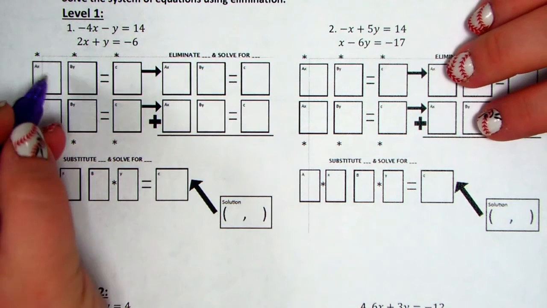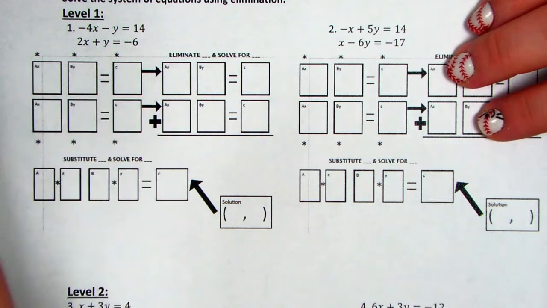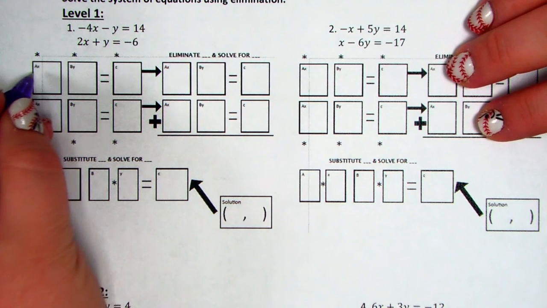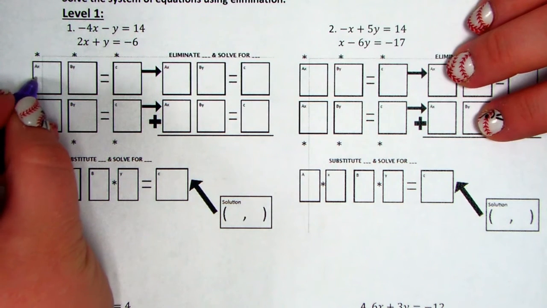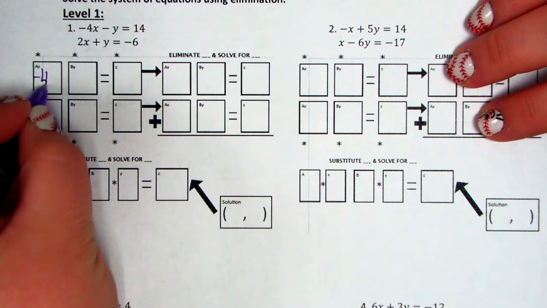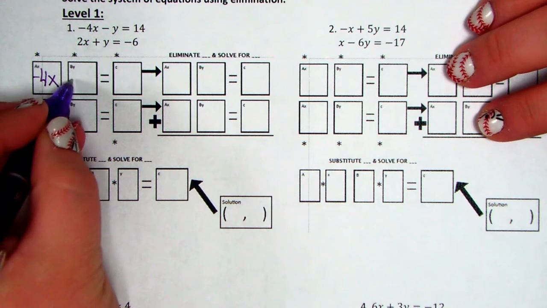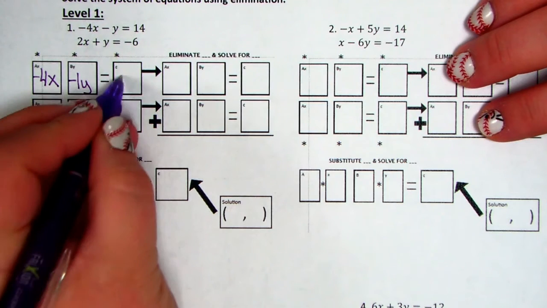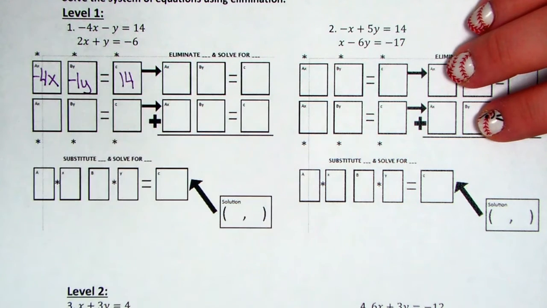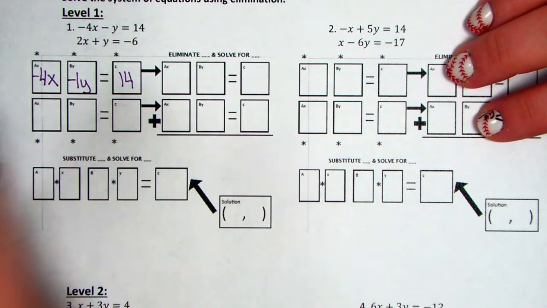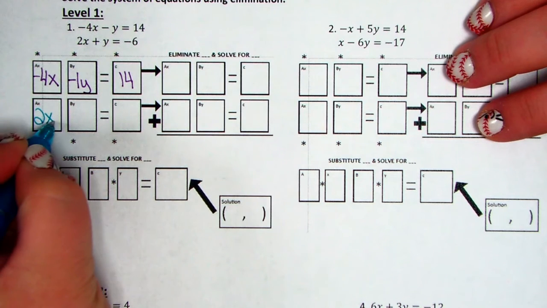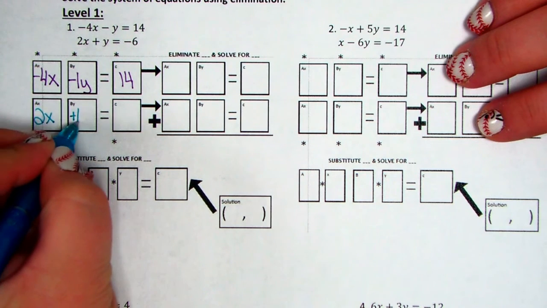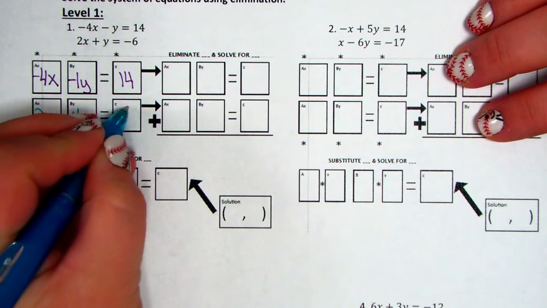You can see that the first box is asking for what we call ax, or the number times x, the coefficient of x, and x. Then minus 1y equals 14. Our other equation gives us 2x, a positive 1y, and a negative 6.